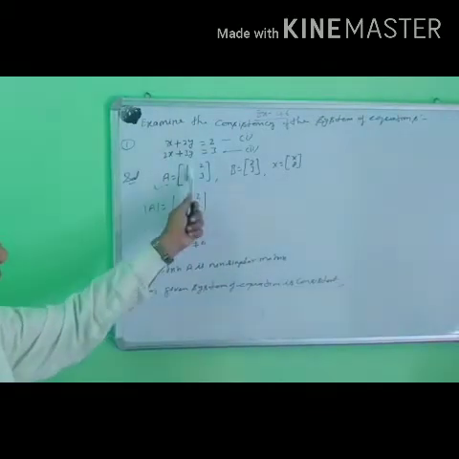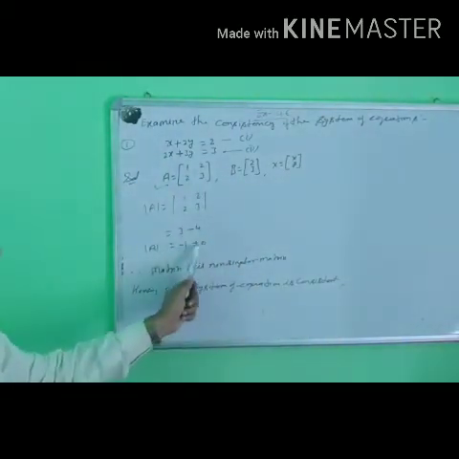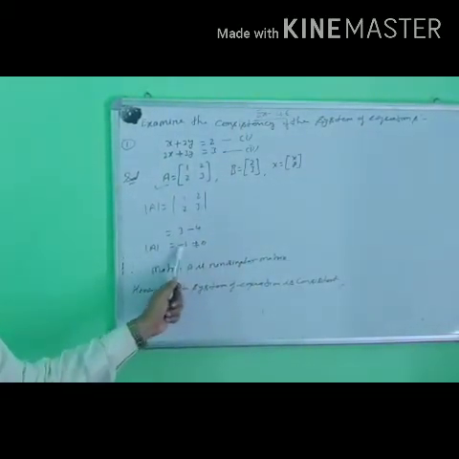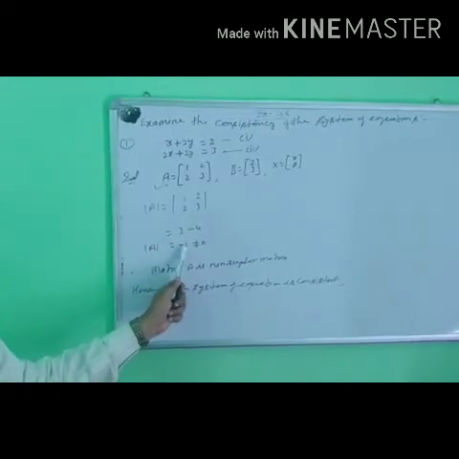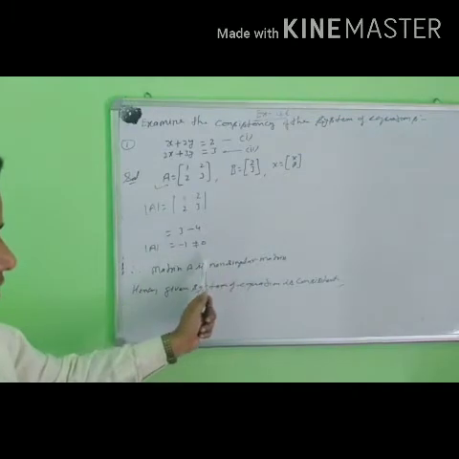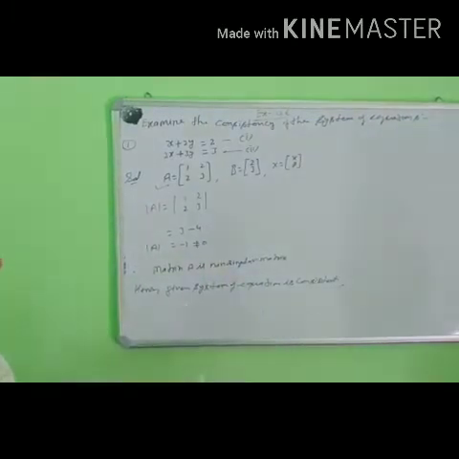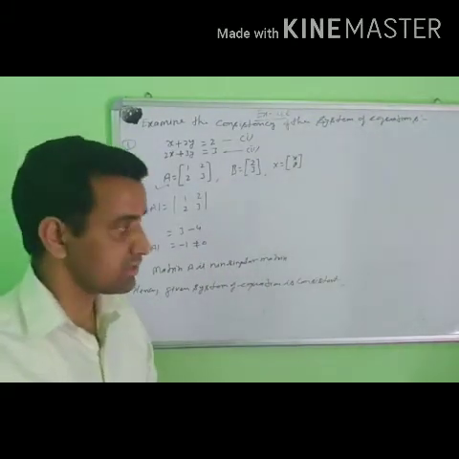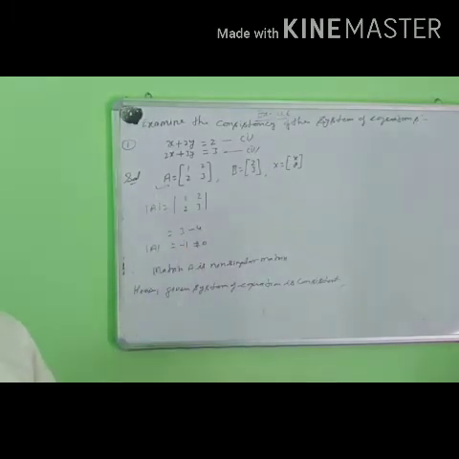Consistent means having a solution, and the determinant value is not 0. Then we have a unique solution, this is a non-singular matrix and the system is consistent. So I have taken the 2 order. Next I am taking the 3 order.